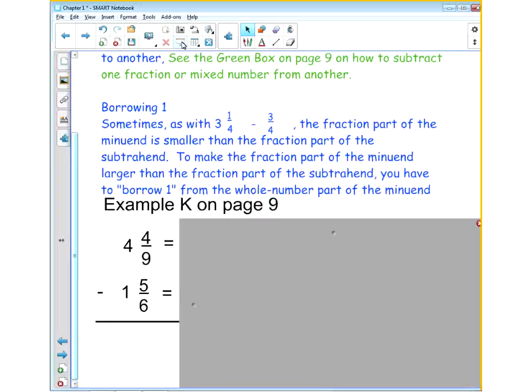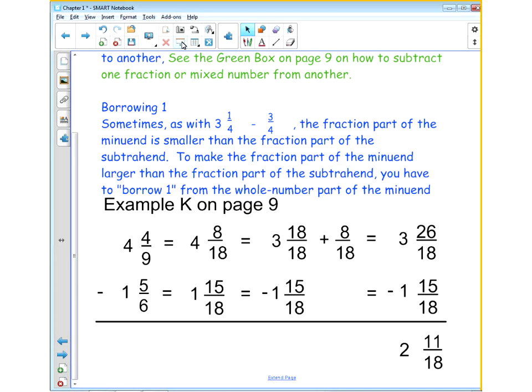Take a look at example K on page 9. Okay, we've got 4 and 4/9, and we're going to subtract 1 and 5/6. Well, let's convert them over first. Okay, we can see the multiples for 6 are 6, 12, and 18. The multiples for 9 are 9 and 18. So the least common denominator is 18.